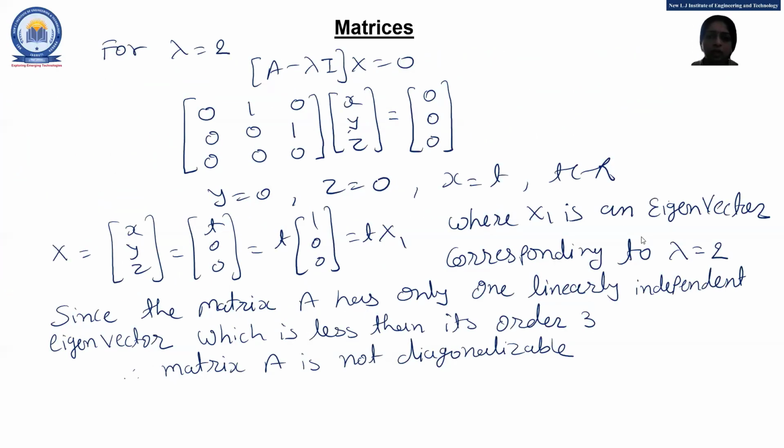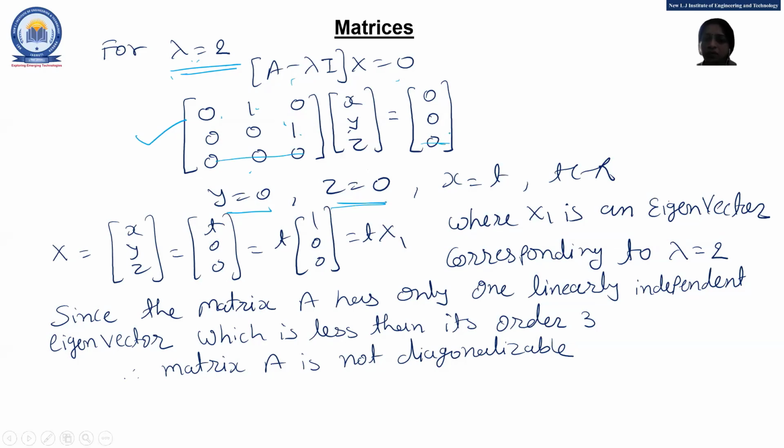Now, as we have one distinct eigenvalue, lambda equal to 2, by applying lambda equal to 2 in the characteristic equation, we got these equations. Agree? By this equation, y equals 0, z is also 0 from the second row, and from the third row, both sides are 0.